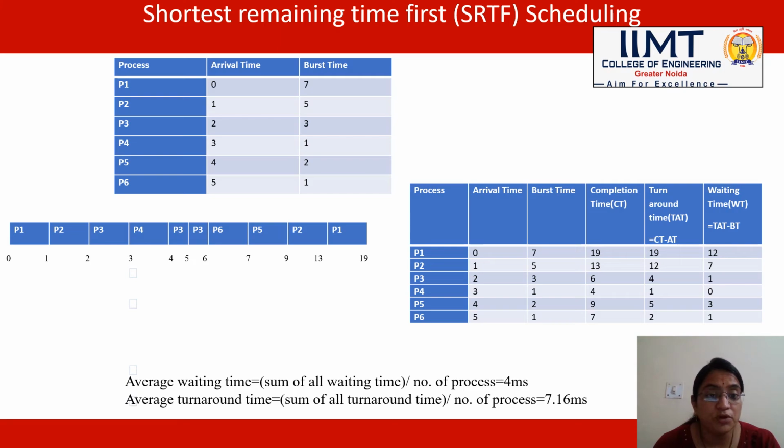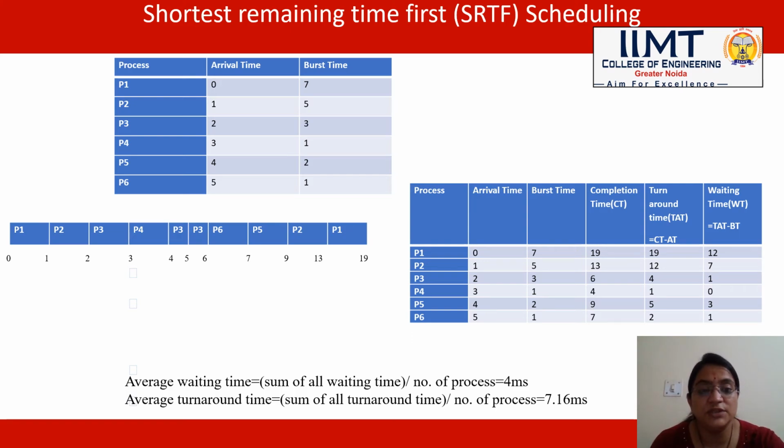At 2 seconds, we can see that processes P1, P2, P3 have arrived in the ready queue. According to the algorithm, we will see the burst times, and we can see that P3 has the minimum burst time. So we allocate CPU to P3, and P3 executes for 1 second.